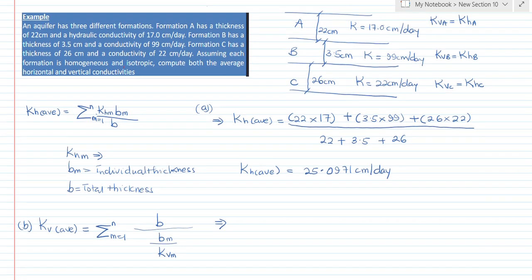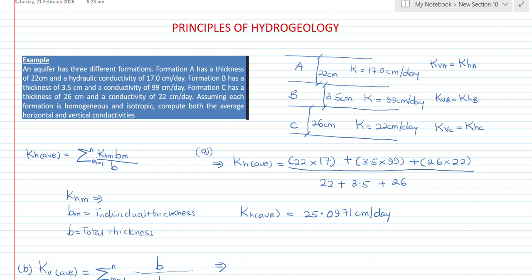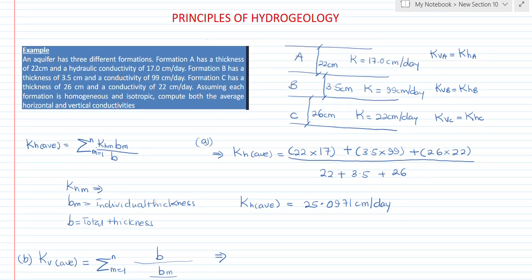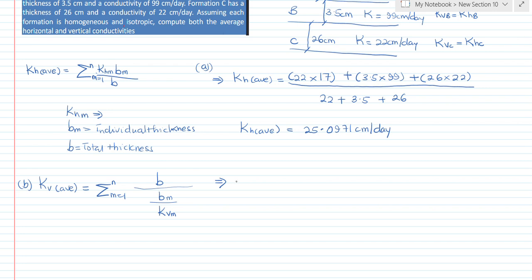Now, because initially we said the formations are homogeneous and isotropic, it means that their horizontal hydraulic conductivity is the same as their vertical hydraulic conductivity. So we are going to use the same information. The total thickness, which is 22 plus 3.5 plus 26, all over the individual thickness, 22 divided by its corresponding vertical hydraulic conductivity, plus 3.5 over 99, plus 26 over 22.